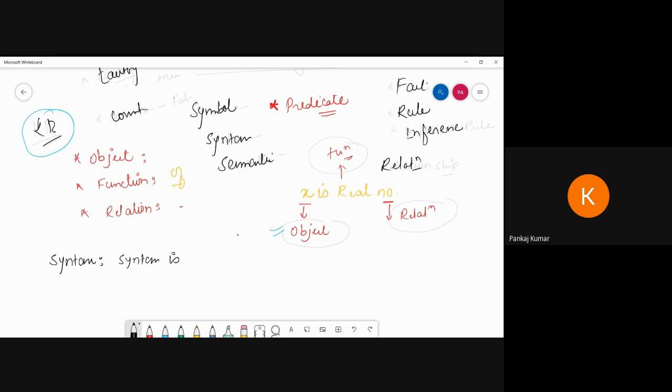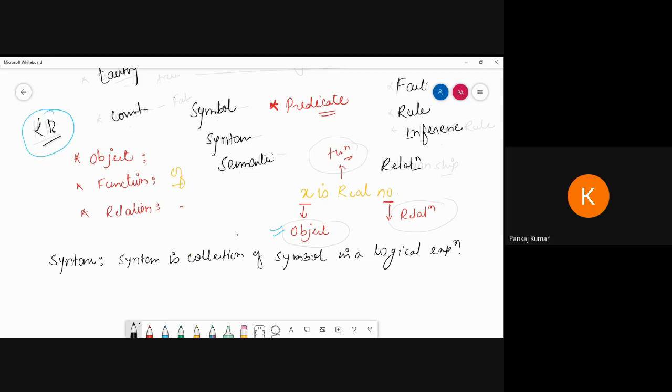Syntax is a collection of symbols in a logical expression in first order logic. So we can say that is called the syntax.